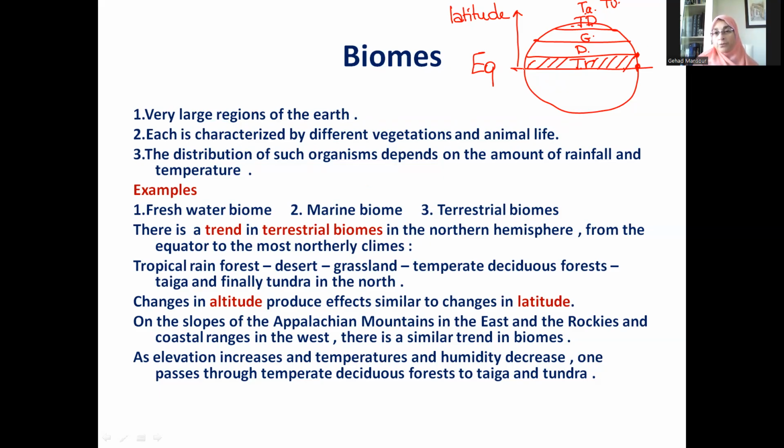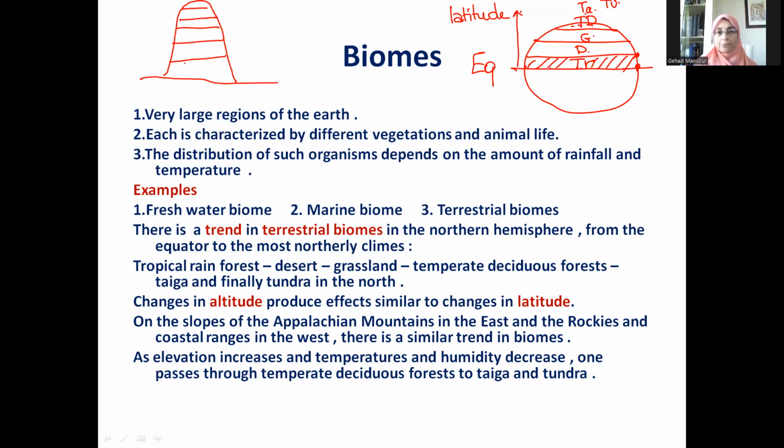Changes in latitude will have similar effects as changes in altitude, meaning that if in a particular place, say for example in Egypt, you have a very high mountain, you have different altitudes, different heights.